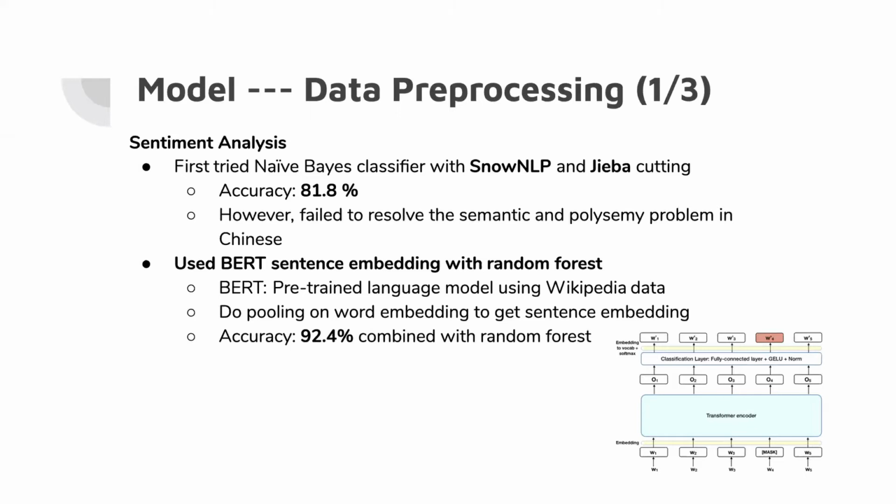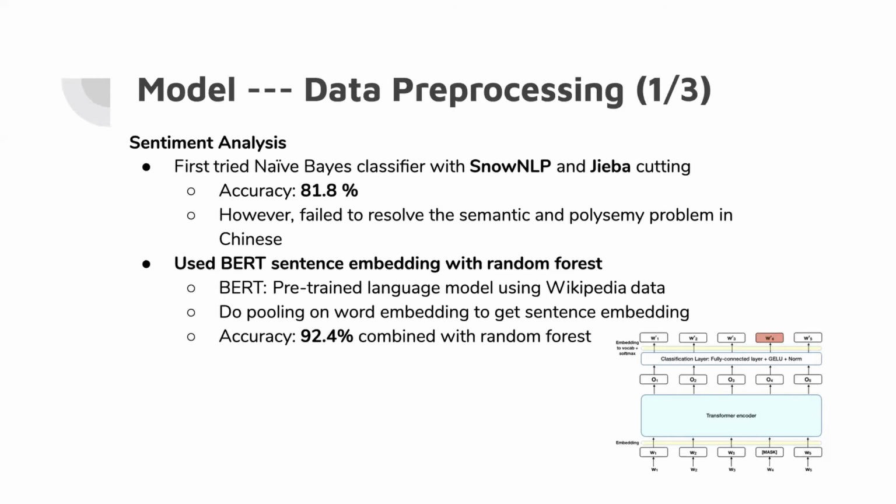However, we found it has a downside in the sentiment analysis. That is, the model failed to resolve the semantic and polysemy problems in Chinese. Therefore, with this in mind, we turned to another sentiment analysis model called BERT. It uses sentence embedding with random forest.